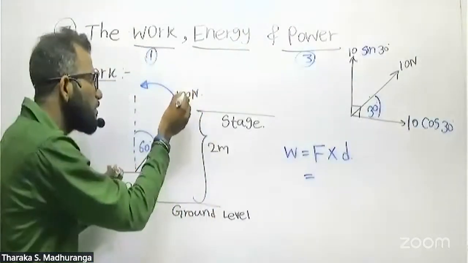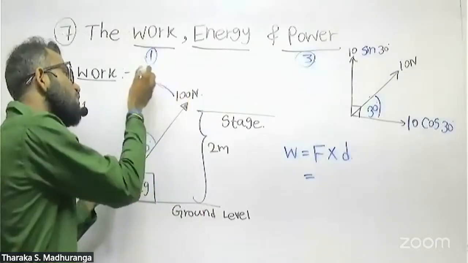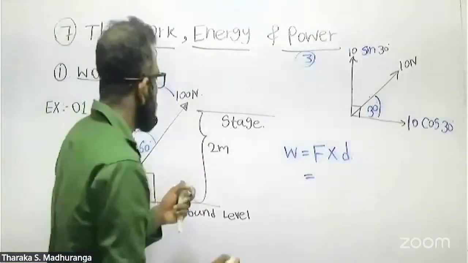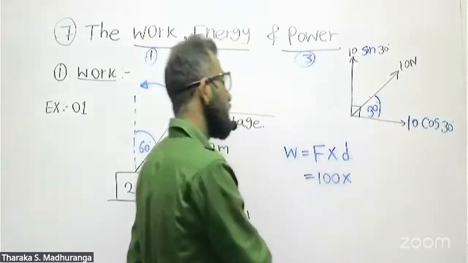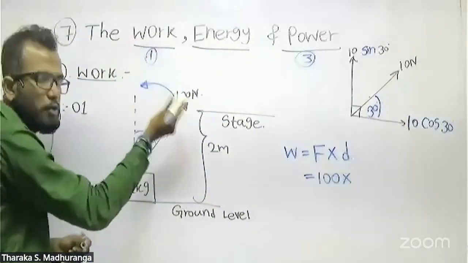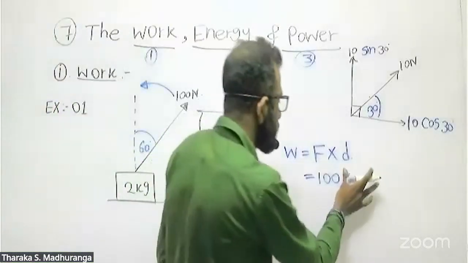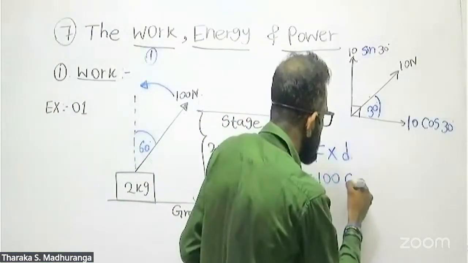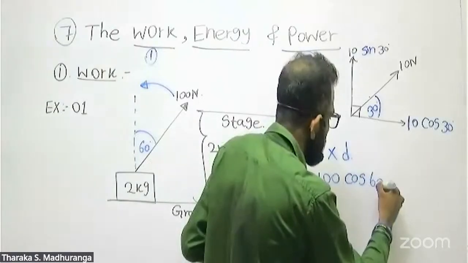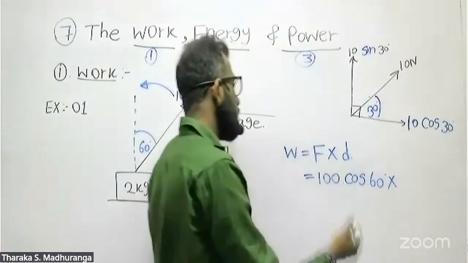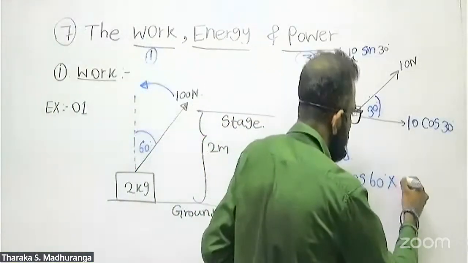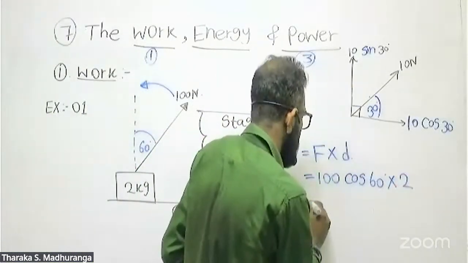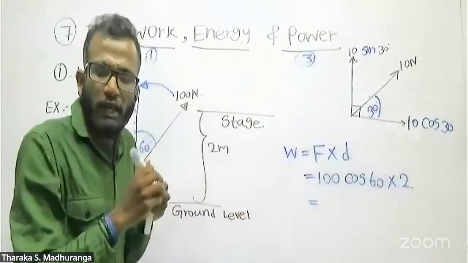We can resolve this 100 Newton into the vertical direction. What is the method, cos or sine? Cos, because it is the angle direction. 100 cos 60 into displacement. Displacement is 2 meters, and because it is a standard unit, we can say it is 2.